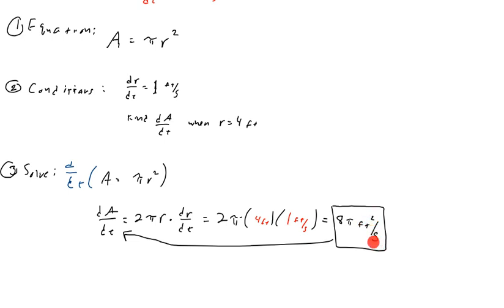That's how much bigger the area is getting every second. 8 pi square feet every second, 1 1,000, 2 1,000, 3 1,000. It's adding 8 pi square feet of area at 4 feet. One more second adds another 8 pi square feet, right?